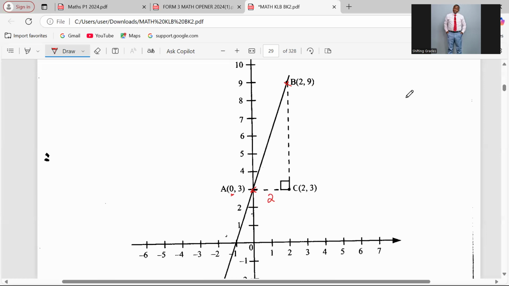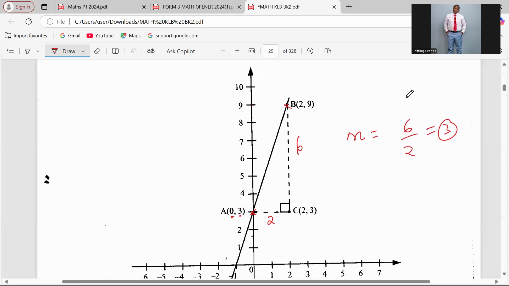So there are 2 units here. But vertically, we are moving from 3 to 9. So from 3 to 9, there will be 6 units here. So the gradient, abbreviated as small letter m, will be given by 6 out of 2, which narrows down to 3. So the gradient is 3.